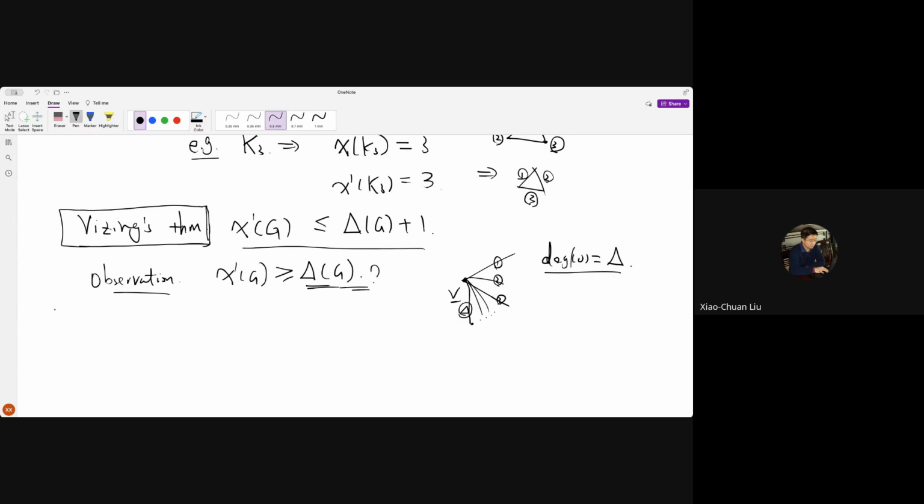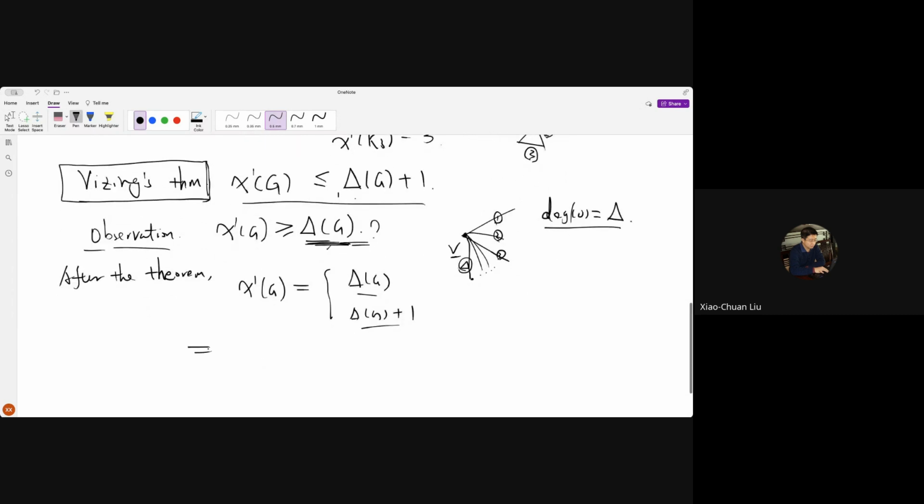After this, we see that the chromatic index of G has only 2 possibilities. Either it's Δ(G) or it's Δ(G) plus 1. So there is actually a classification of graphs.